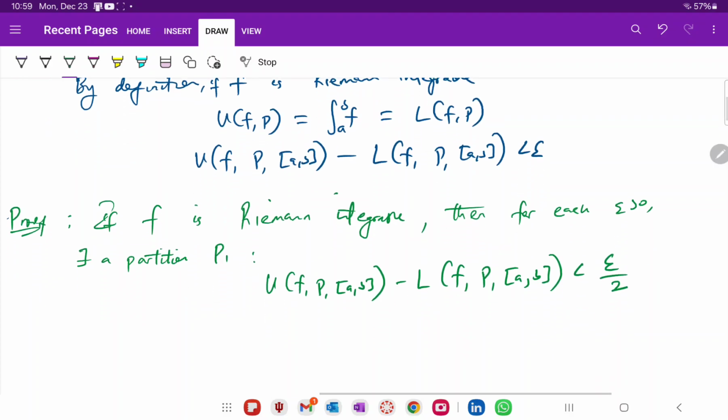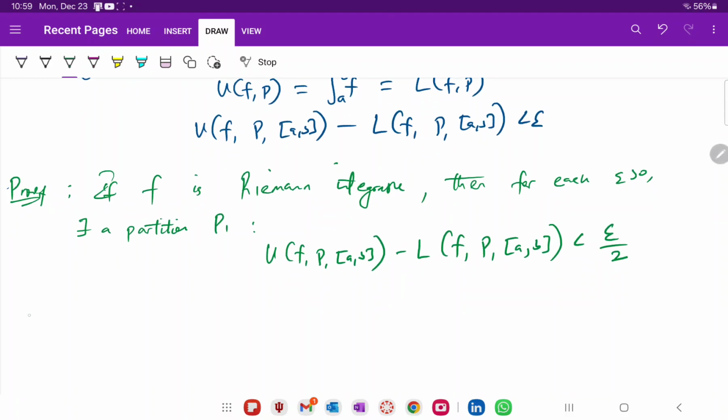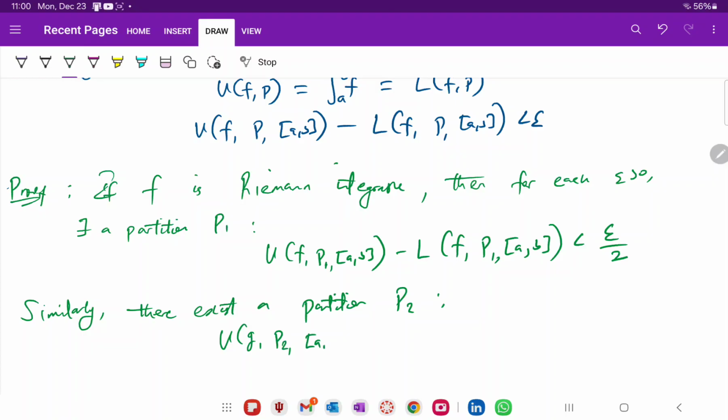Similarly, for the function g, there exists a partition P2 such that this also holds for partition P2, and then the difference for g on P2, a, b is less than epsilon over 2.